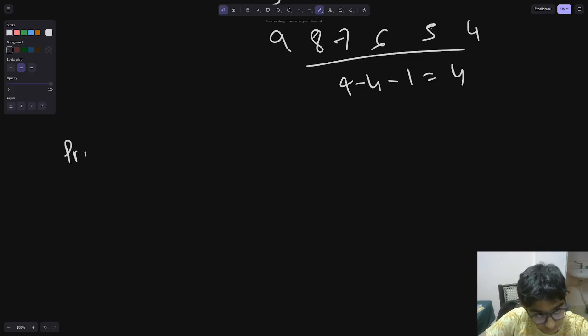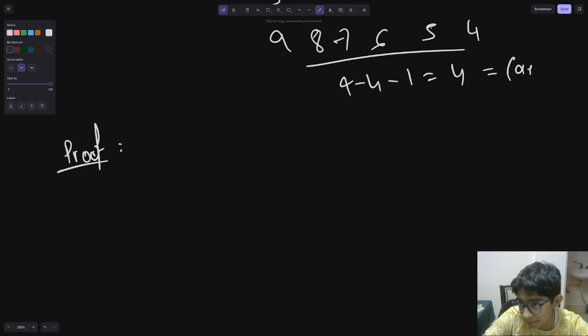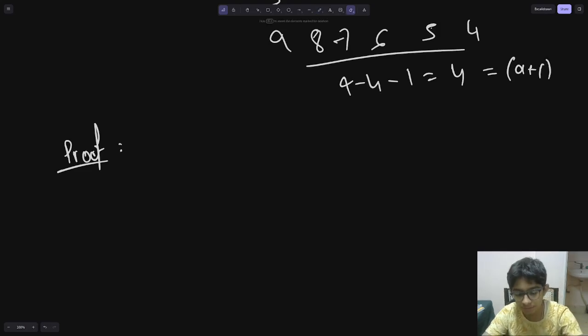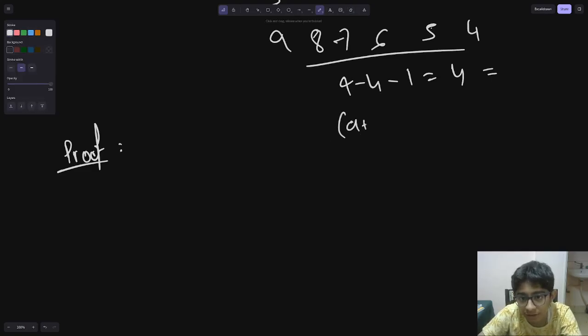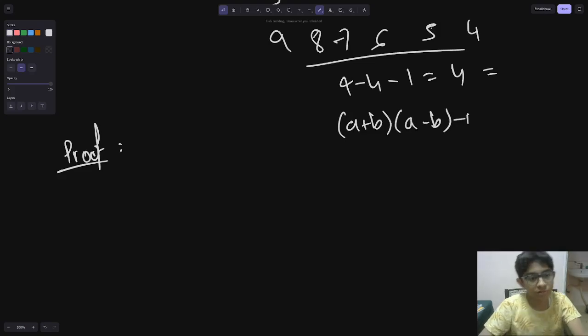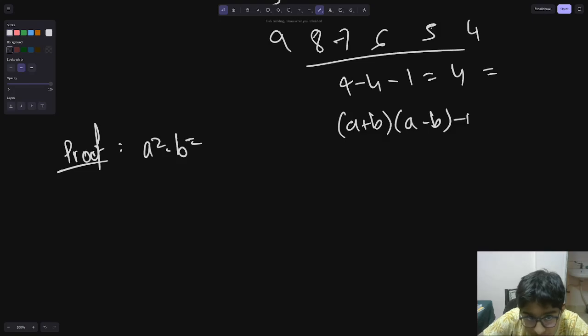So this is equal to, according to me, a plus b into a minus b minus 1. So if you want the proof, I am going to show you, and really fast. Okay, so we started off with a square minus b square minus 1, right?